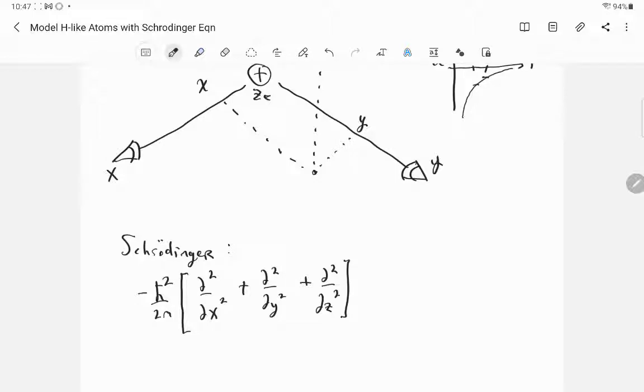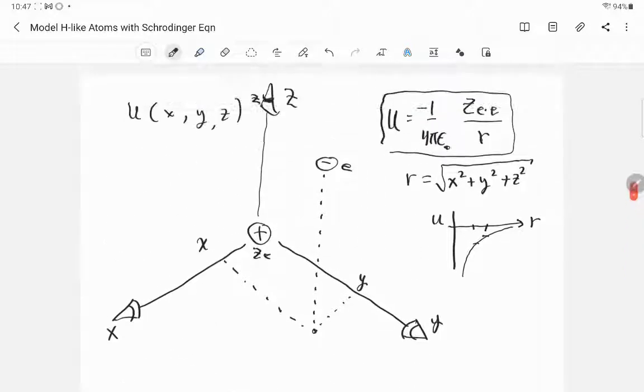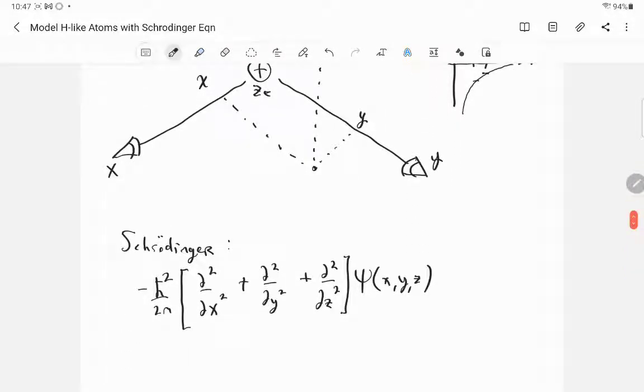These three operators operate on psi, which is a function of x, y, and z. And then you add the potential, but the potential has a minus sign, so it's going to come in with a subtraction. So it goes minus, and then 1 over 4 pi epsilon naught.